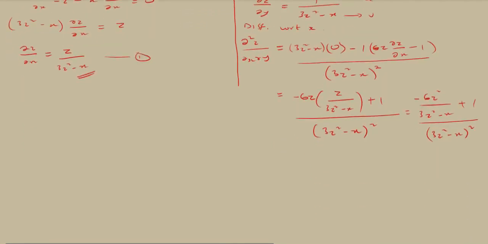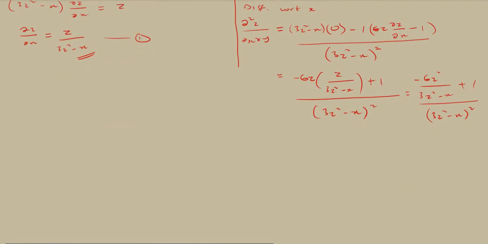Now you take the LCM at the numerator. By the time you take the LCM at the numerator, you will have 3z squared minus x. This one divided by this will give me 1. So I will have minus 6z squared plus, this is just over 1, 3z squared minus x divided by 1 still gives me the same thing.